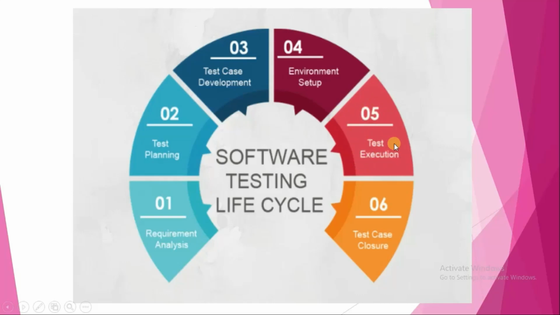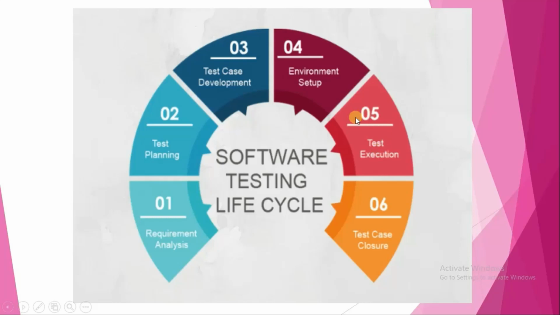In the fifth phase, the tester has to execute test cases. When the tester executes test cases, if the actual result and expected result are the same, then no issues, he can move further to execute test cases. But if he gets a deviation between actual result and expected result in test execution, then he has to raise a defect report to the particular developer, based on a call discussion with the team lead, client, on-site coordinator and developer.